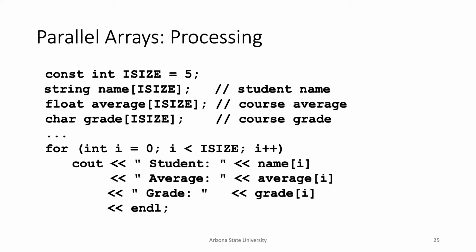And with just a value, I can't look up the same student in the other ones. So here I need the index. I can just print the name of the ith student, as well as the average of the same student, so the same index, and then the grade of the same student. So it's pretty simple to process, but it's hard to update.